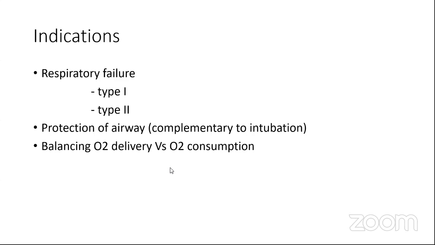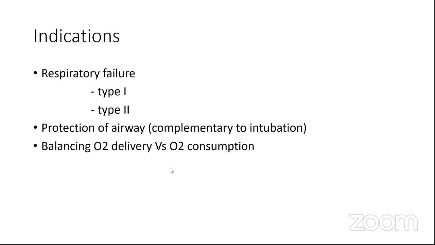Examples of type 1 respiratory failure are community-acquired pneumonia, pulmonary edema, most cases of interstitial pulmonary fibrosis, and most cases of pulmonary embolism. If it goes beyond the ability to support through oxygen only, then it is an indication for mechanical ventilation.